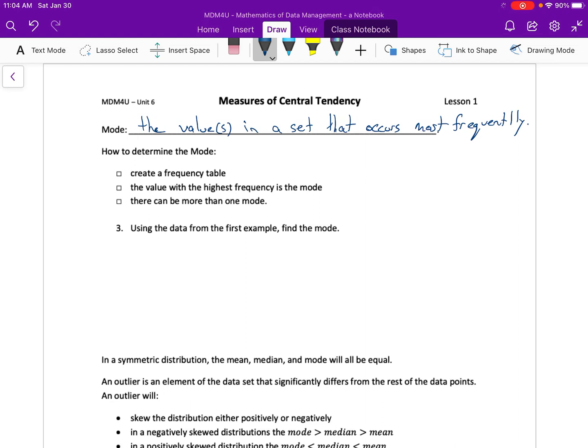A good example of that would be when you're looking at sizes of clothes or shoes. When you talk about the average, most people mean the one size that occurs most often, and that's how people will often stock their shelves. So let's say the medium is the one that occurs most often.